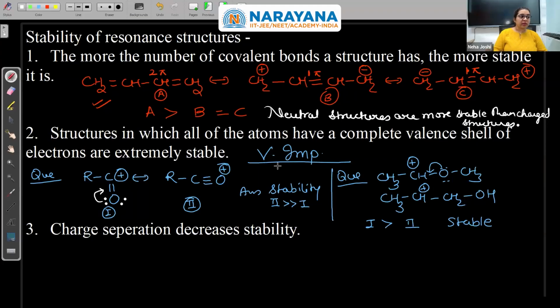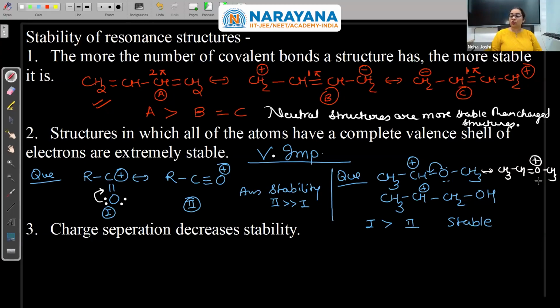This is very important. I don't know how emphatically I am able to communicate. Please remember, this structure is very stable, even more stable than any 3-degree carbocation. Coming here, see this oxygen, if it gives a bond like this, it can have a resonating structure, CH3CH double bond O CH3 positive.